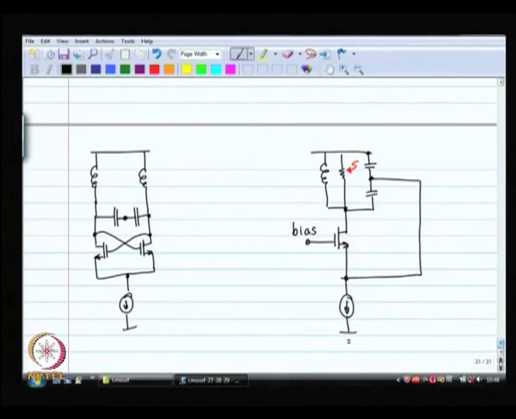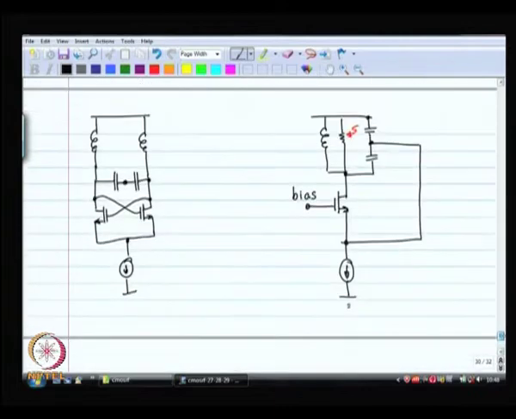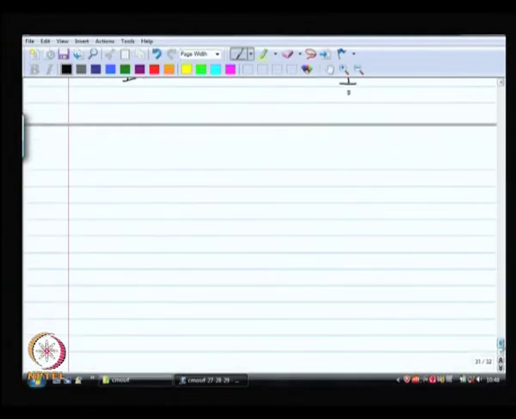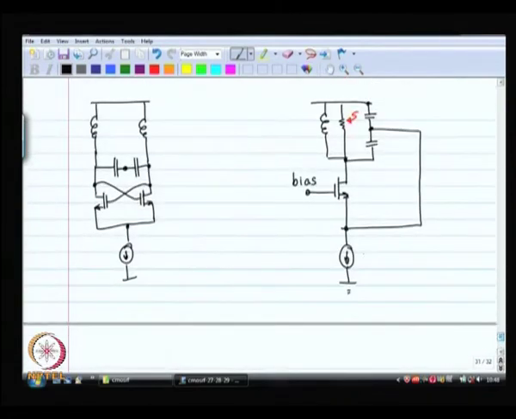Now, what does this do? As far as the small signal voltage is concerned, let me redraw my circuit in the small signal sense. In the small signal sense, this bias current is an open circuit. The bias voltage is a ground potential.